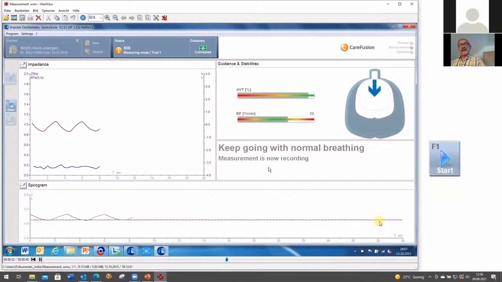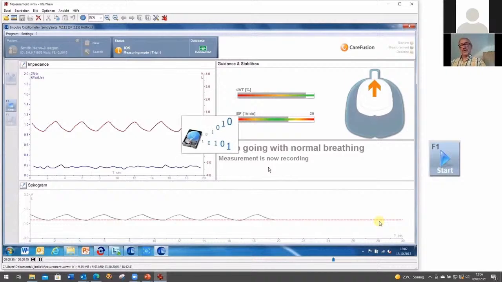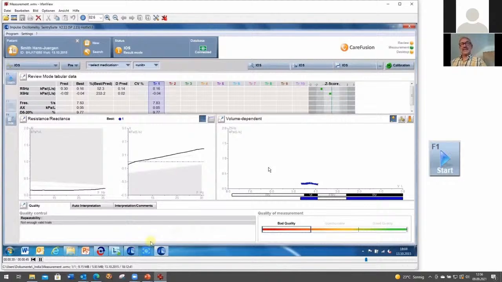After the 20 seconds of recording, the system automatically stops and stores the test results. Now it automatically stops, stores the test results, and shows the results of this trial at the parameter bar, and also the test results as a graph, the intra-breath. And here you have the quality measurement.